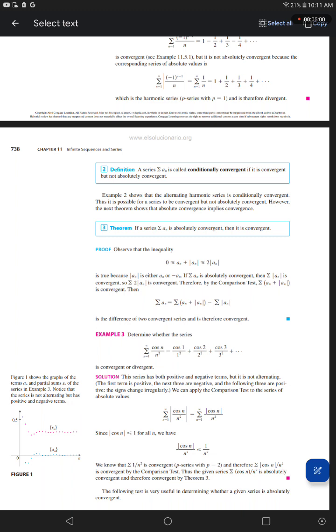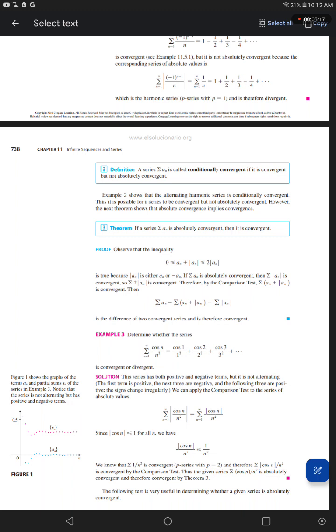Theorem 3. If a series, the sum of a sub n, is absolutely convergent, then it is convergent. Proof.